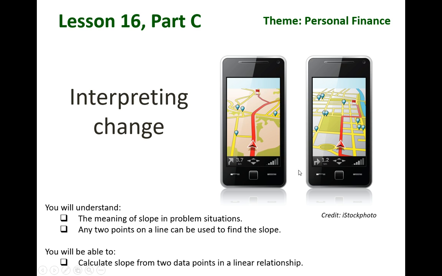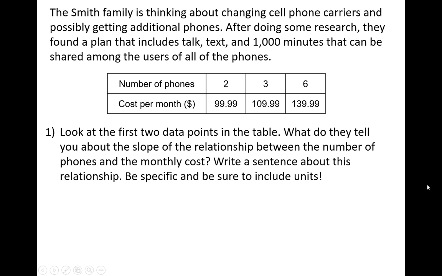All right, part C is going to continue this discussion of slope, and it says we're going to understand the meaning of slope in problem situations. Any 2 points on a line can be used to find the slope, and we want to calculate slope from 2 data points in a linear relationship. It says the Smith family is thinking about changing cell phone carriers and possibly getting additional phones.